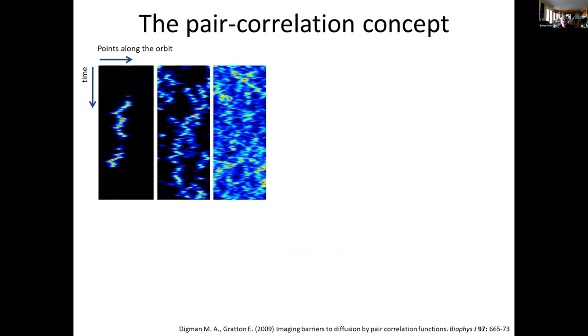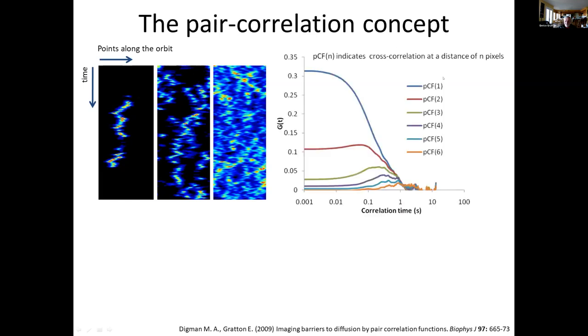So first of all, let us do some simulation, because simulations are always easy. I have only one particle. So only one particle will change the position like that, and I can calculate the correlation function between that point and another point. And of course, I will find a correlation function, and I call that correlation function PC of 1, which indicates that the distance is 1 pixel. 2 means 2 pixels, 3 pixels, 4 pixels, and so on.